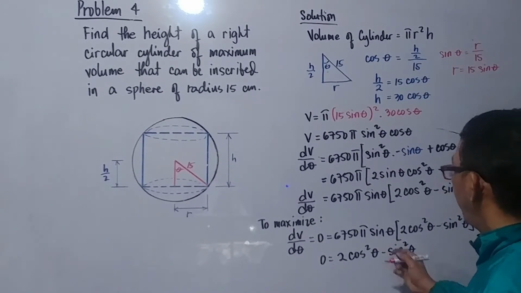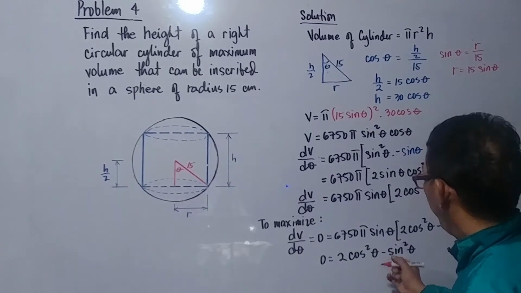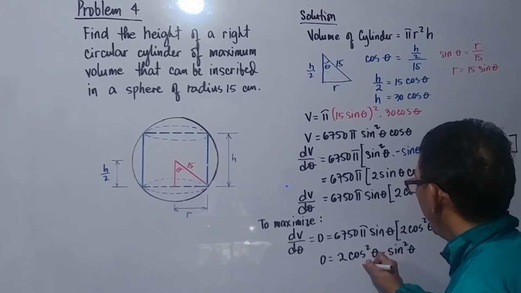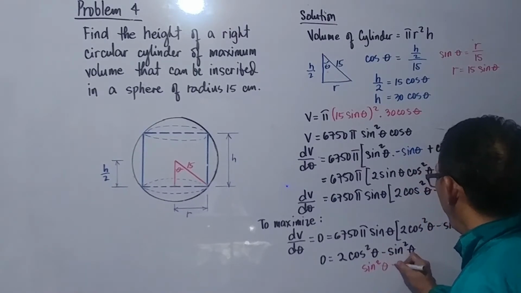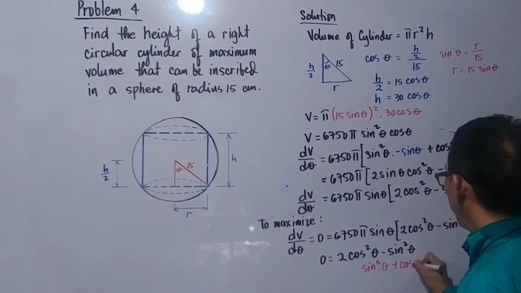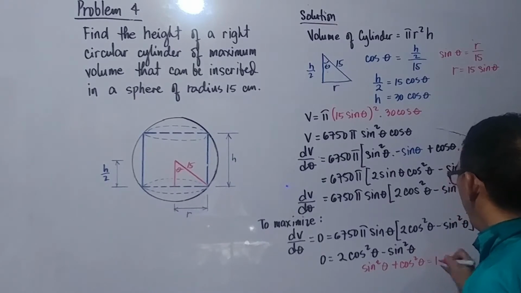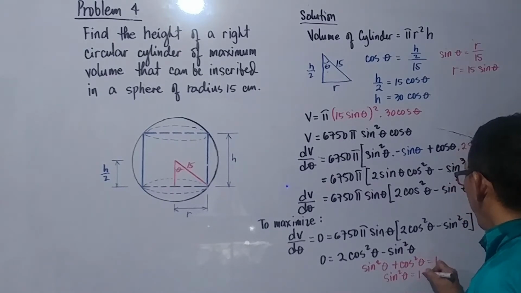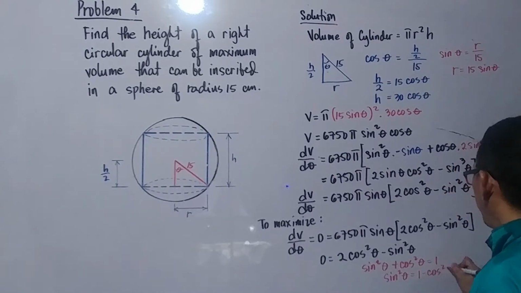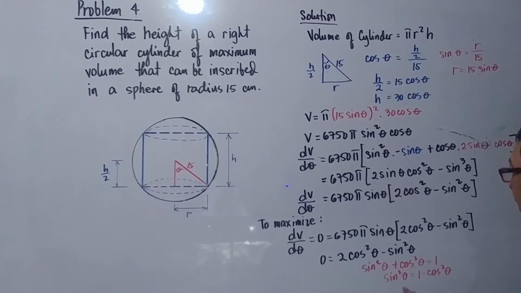From our trigonometry, we have sine squared theta plus cosine squared theta equals 1, or sine squared theta equals 1 minus cosine squared theta. Substitute this here.